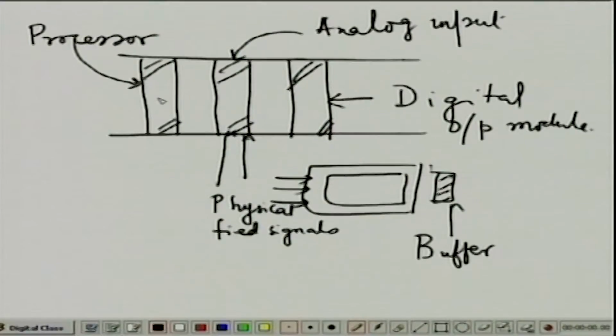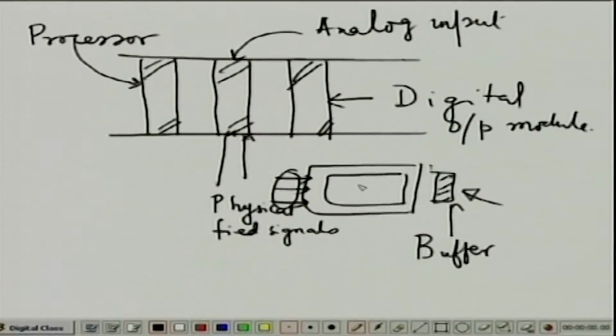So when the processor module reads an input, it is not that it reads these physical signals, it actually reads these buffer values which are continuously kept in the buffers by the IO cards.